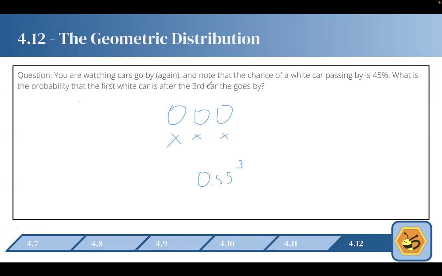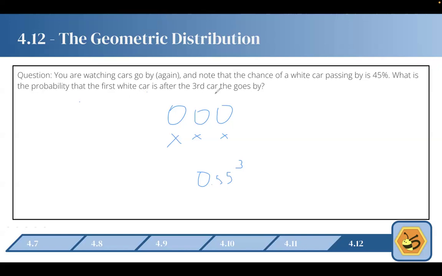So what the cumulative means is the additive distribution, or in other words, adding all together the probabilities of the first one not being white, the second one not being white, the third one not being white, right?